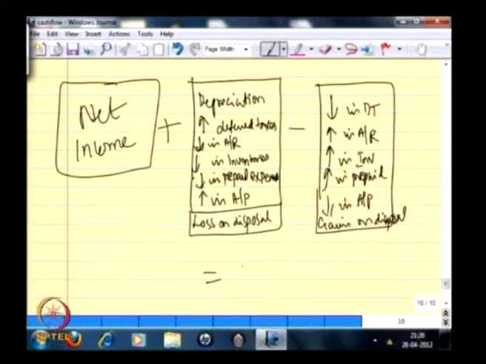So, what is this? This net income plus and minus of the increases or decreases in these operating activities will be your net cash from operating activities. This is just a quick guide for you. Of course, the understanding always has to be embedded.